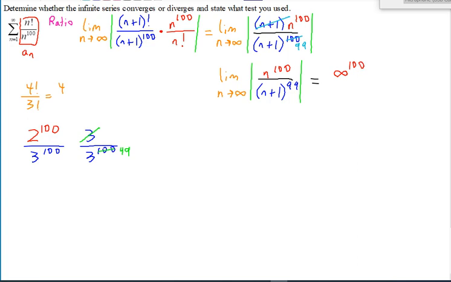And again, the plus 1 is negligible, so this is like infinity to the 99th. So you can see those cancel out, we're just left with 1 infinity, which is greater than 1. So that tells us this diverges by the ratio test.